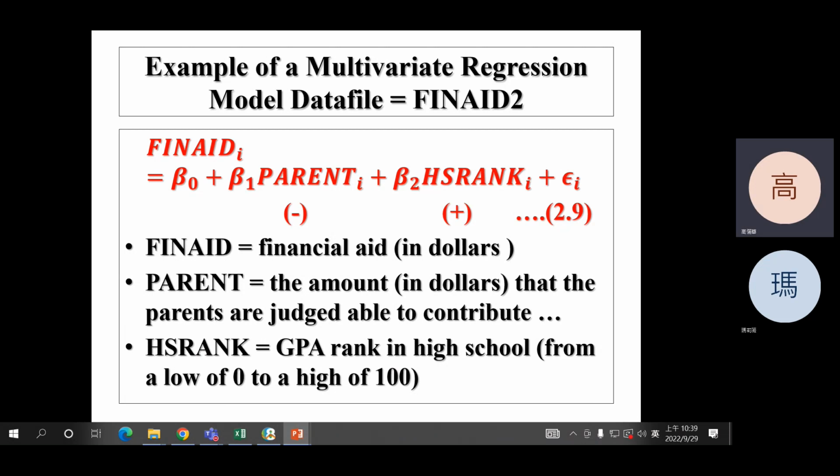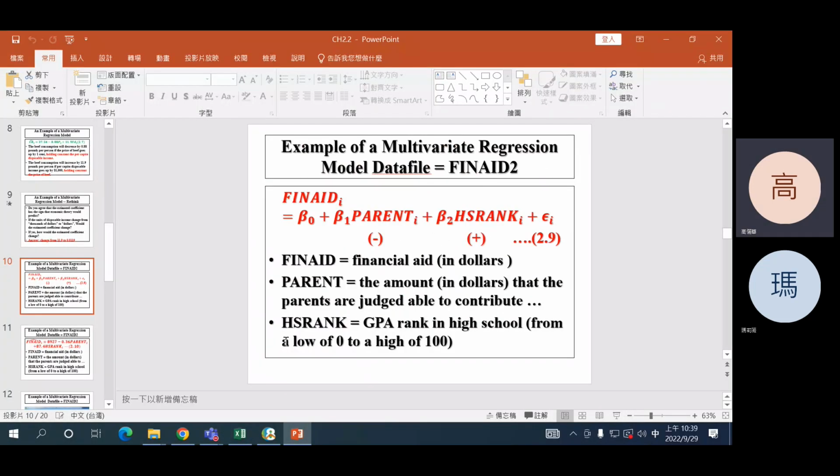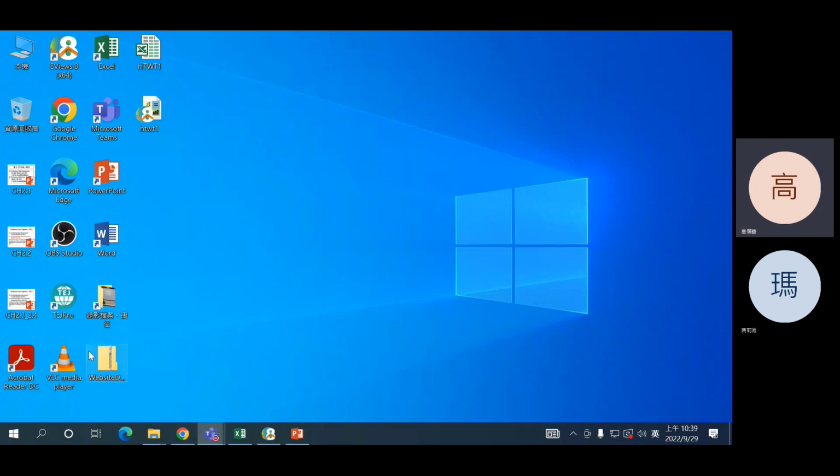Now, let's look at another example. And in this example, we do have data, okay? So would you like to have the data from our file, which is called FINAID in chapter 2? I mean, our data set. Okay, let me get my data set.